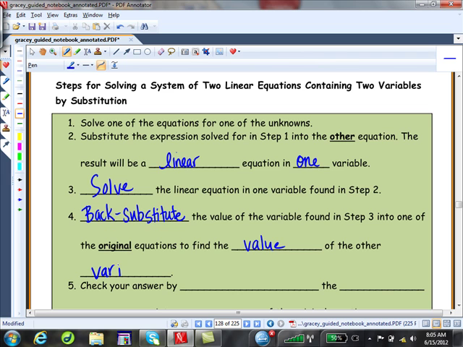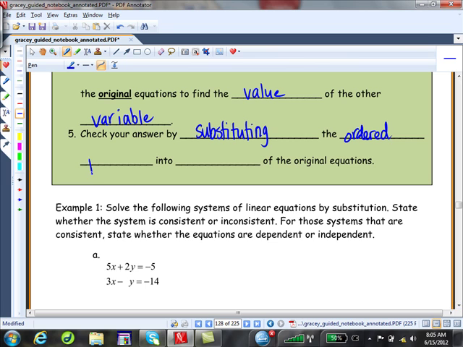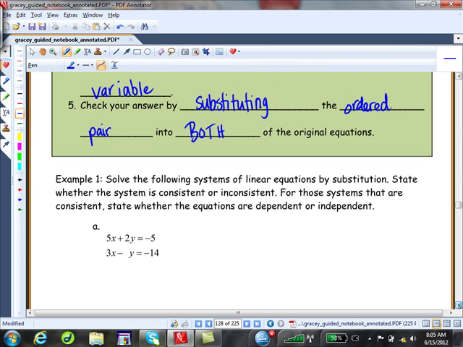And it's always good, as your last step, to check your answer by substituting the ordered pair into both of the original equations. Okay, so let's check it out.